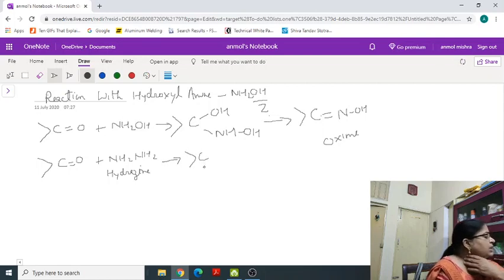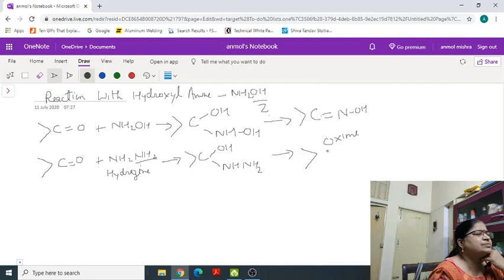Now here NH2 is the Z. NH2 is Z. So OH, NH, NH2. So it will form hydrazones. Hydrazine forms hydrazone.